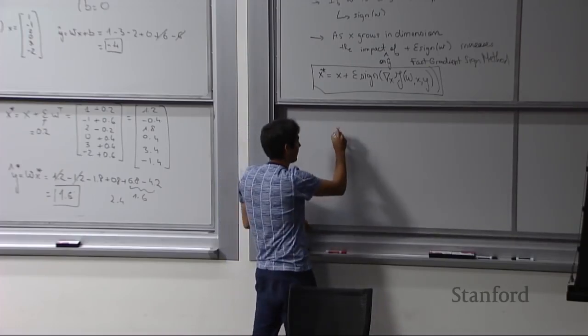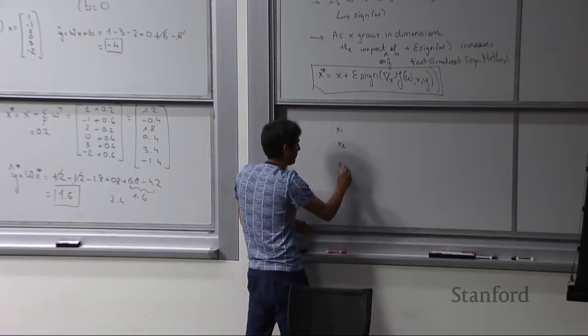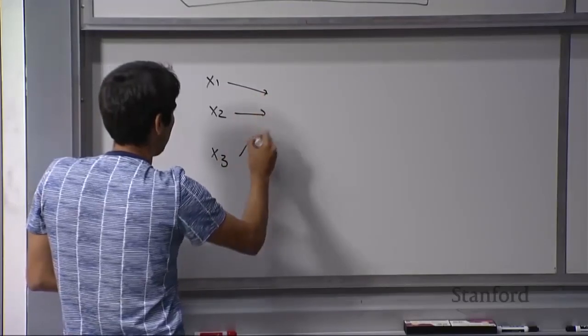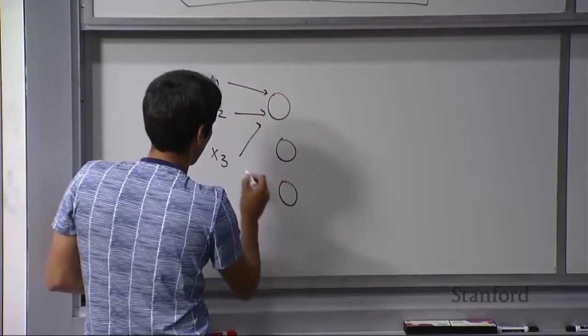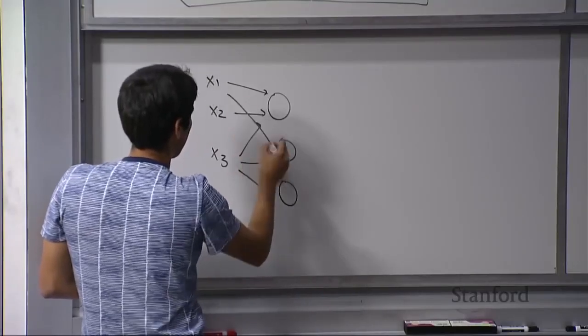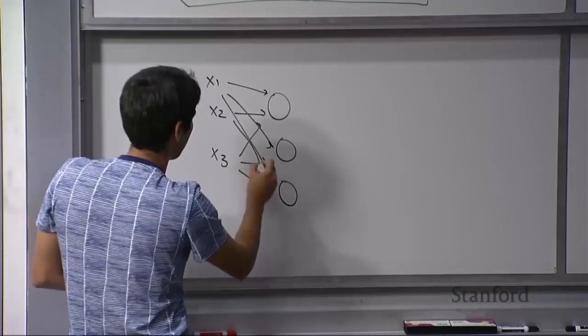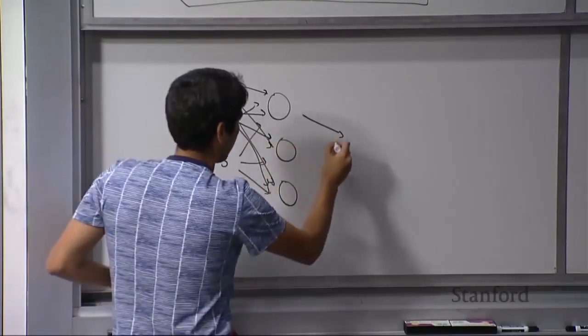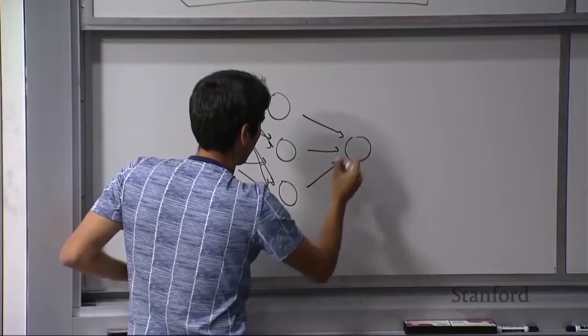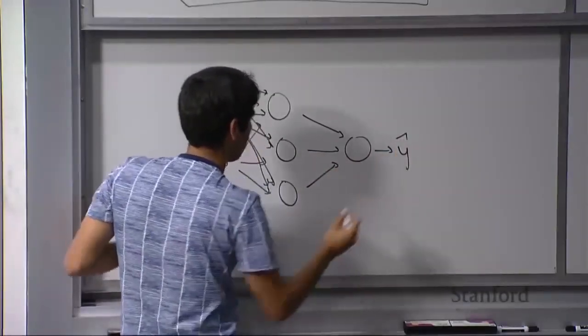And one last thing that I'll mention for adversarial examples is if I have a network like this, fully connected with three-dimensional inputs, and then one neuron here, and then the output.